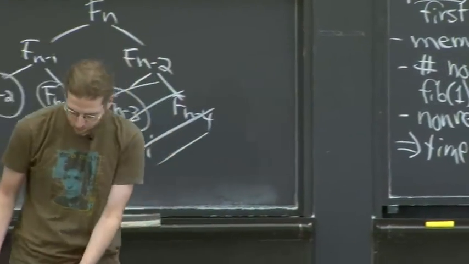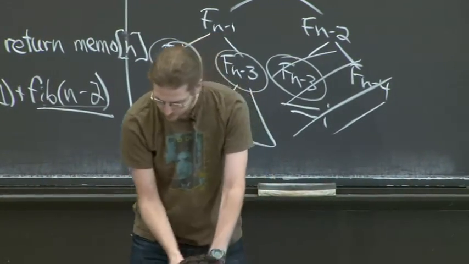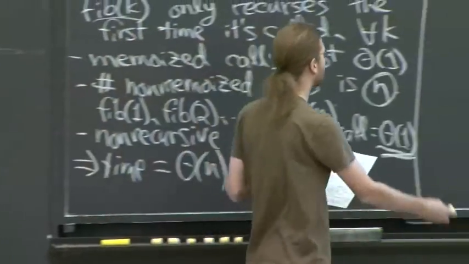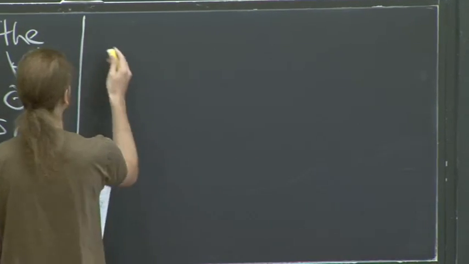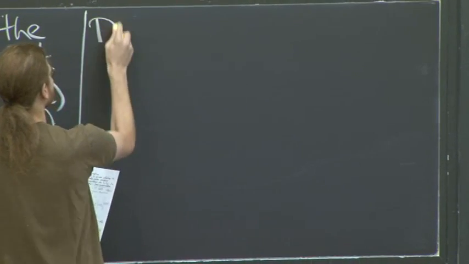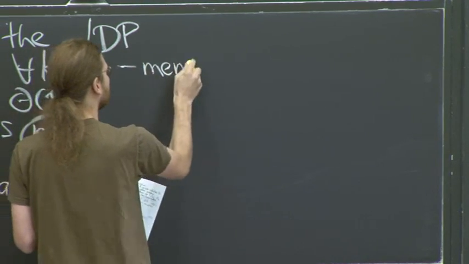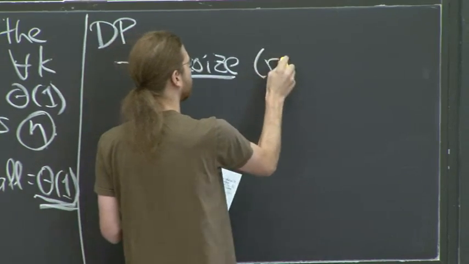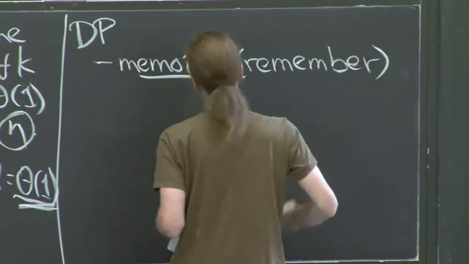Okay, this is an important idea, and so important I am going to write it down again in a slightly more general framework. In general, in dynamic programming, I didn't say why it's called memoization.